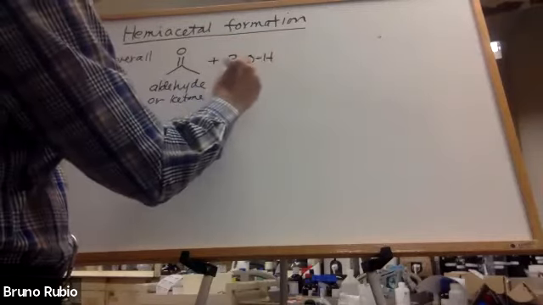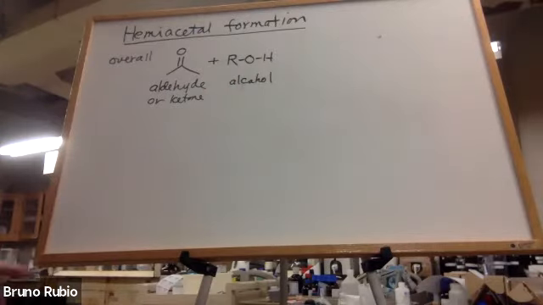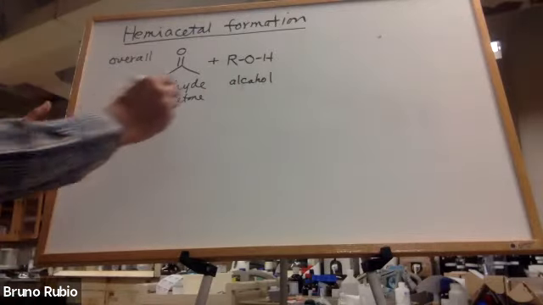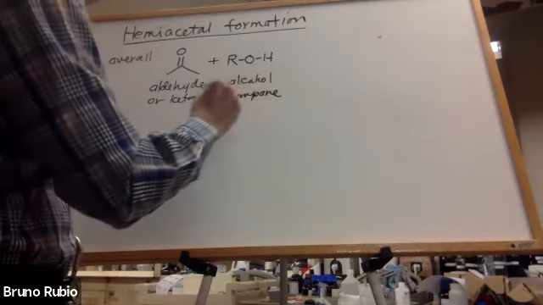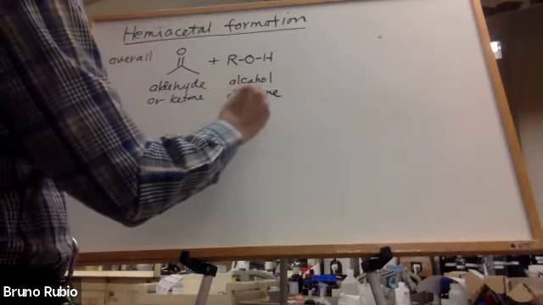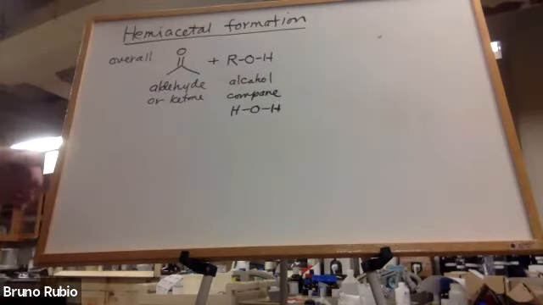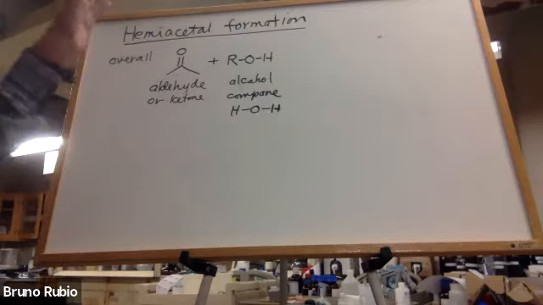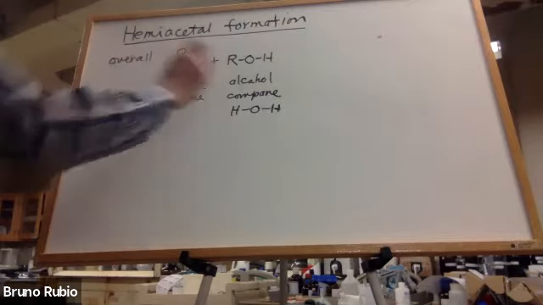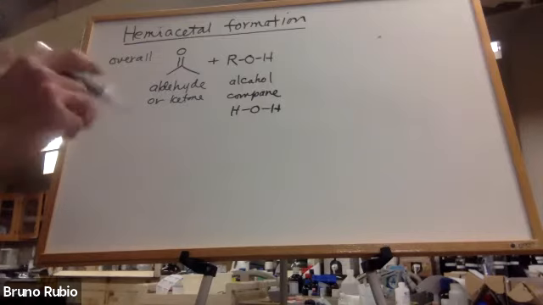This is an alcohol where the R group will be some kind of organic group. So notice, compare water, right? Water is H-O-H. All I'm doing is replacing one of the hydrogens in water for an organic group, which I'm calling R. So R can be a methyl group or a benzene ring or whatever.